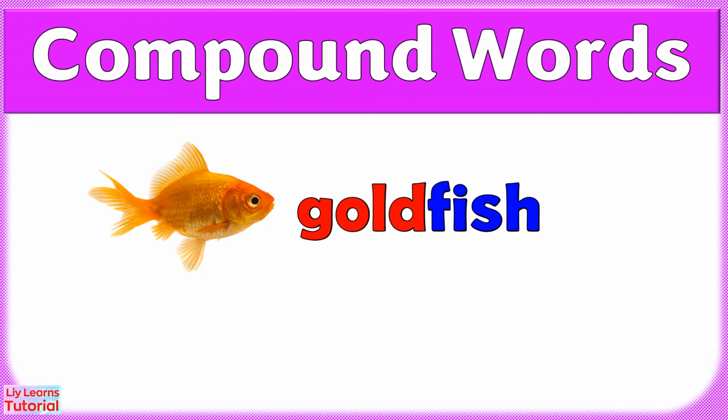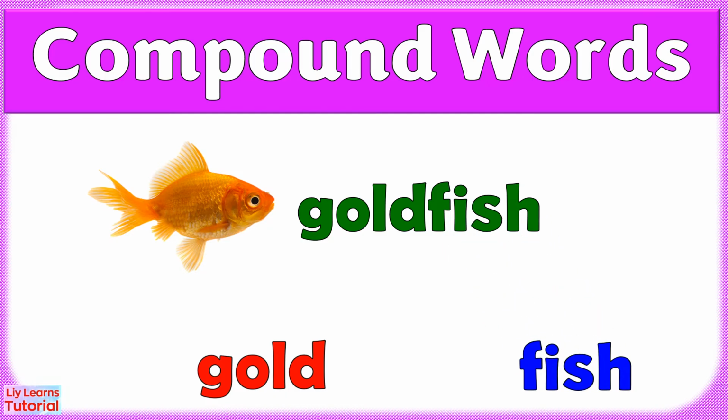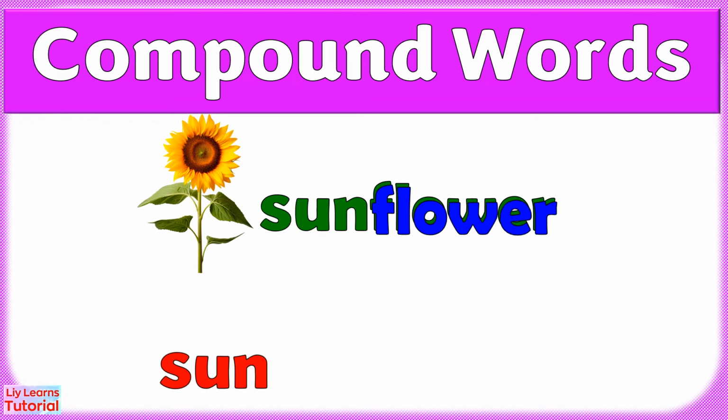Let's split the compound word into two words. From the compound word goldfish, we can split it into gold and fish. Sunflower can be split to sun and flower.